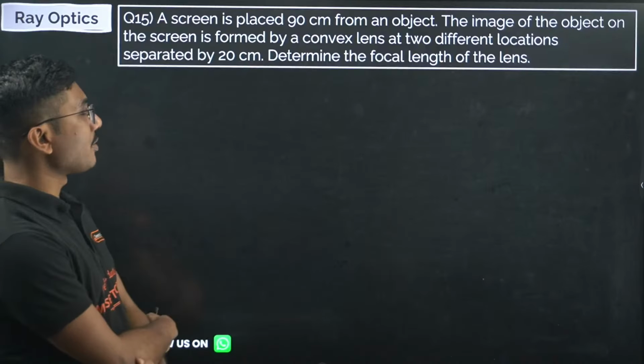8100 minus 400 divided by 4 into 90, okay. It will be 7700 divided by 4 into 90, so 770 by 36.